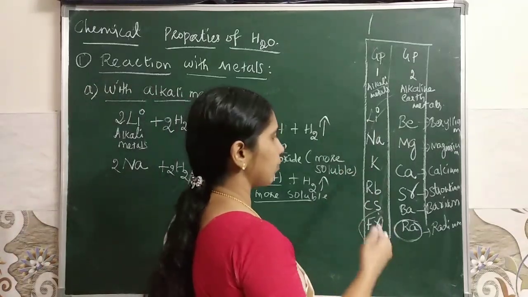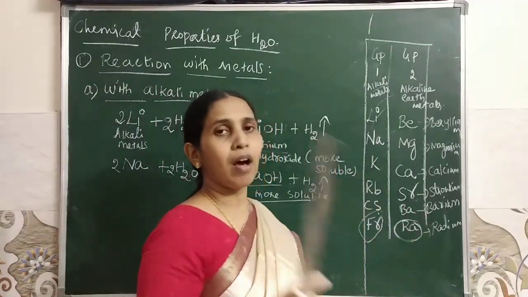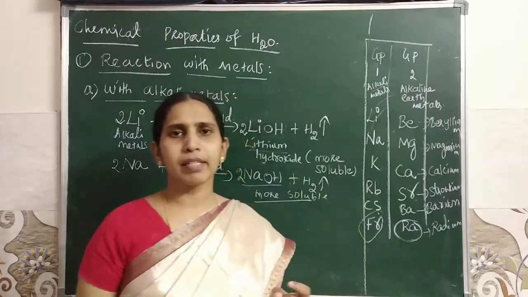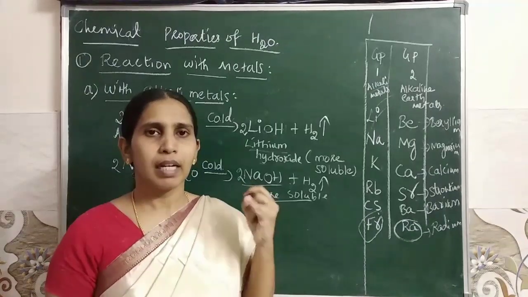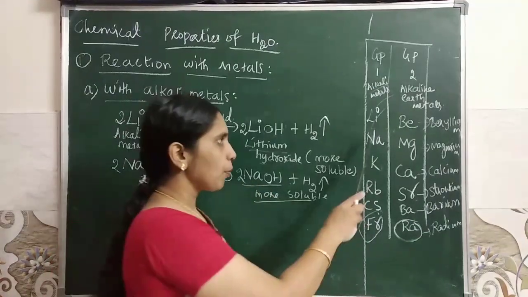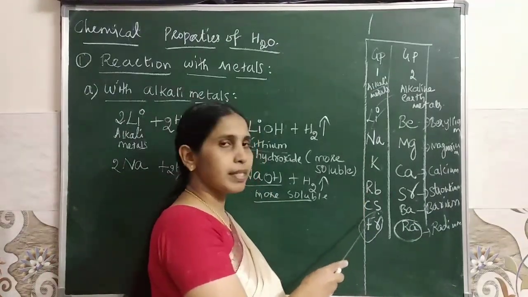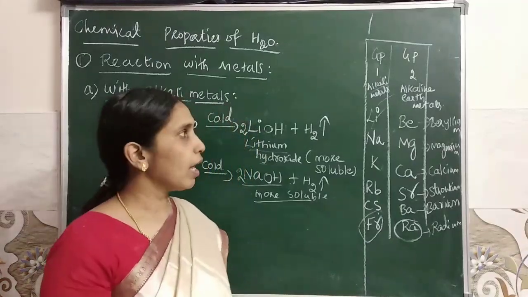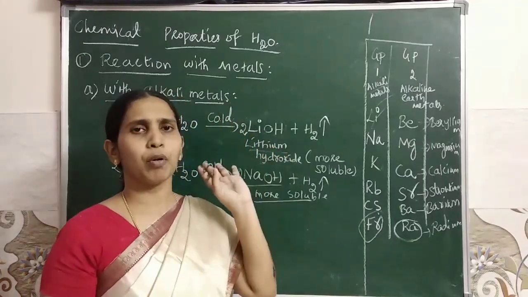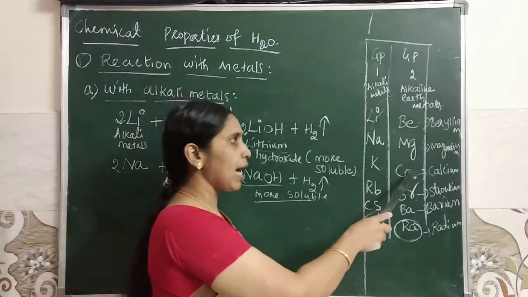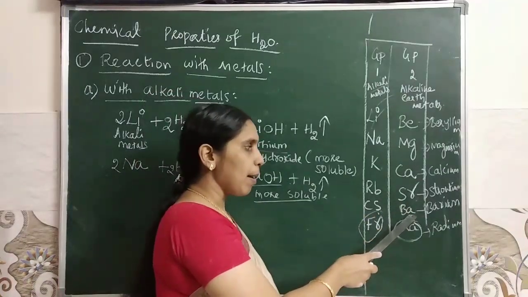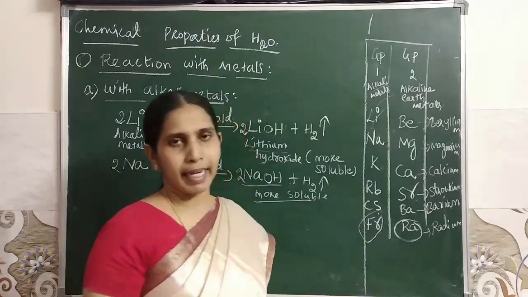Group 1 metals are called alkali metals: lithium, sodium, potassium, rubidium, cesium, francium. What are the elements in group 2? You can memorize: beryllium, magnesium, calcium, strontium, barium and radium.